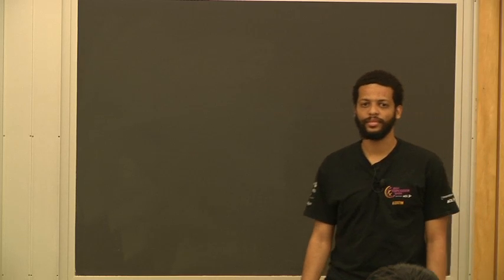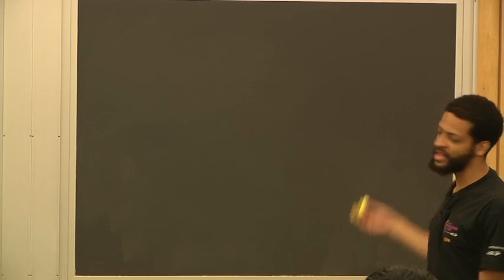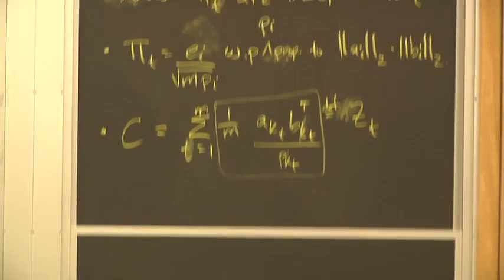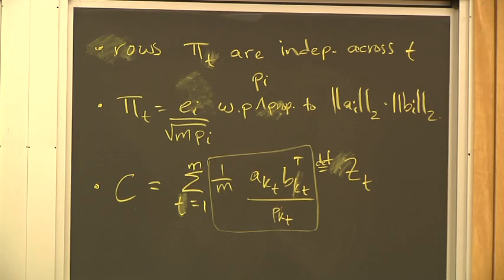What do I mean by with probability proportional to that? Well, probabilities should sum to 1, right? So what I mean is the probability that you sample row i is that quantity over the sum over all j of that quantity.